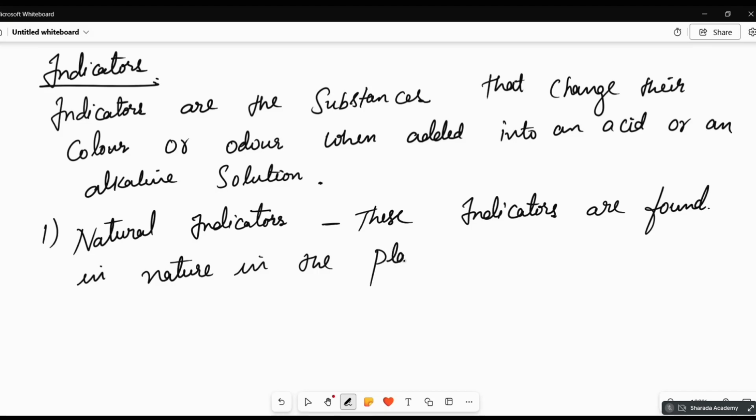For example, the first one is the litmus paper, the litmus.